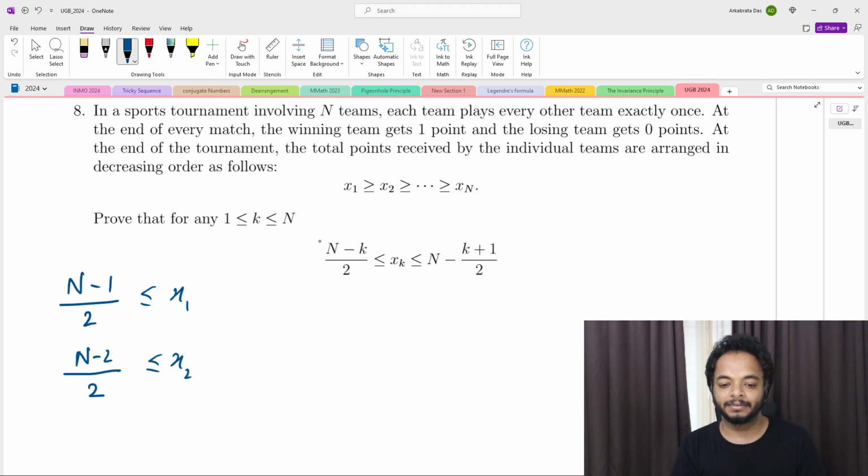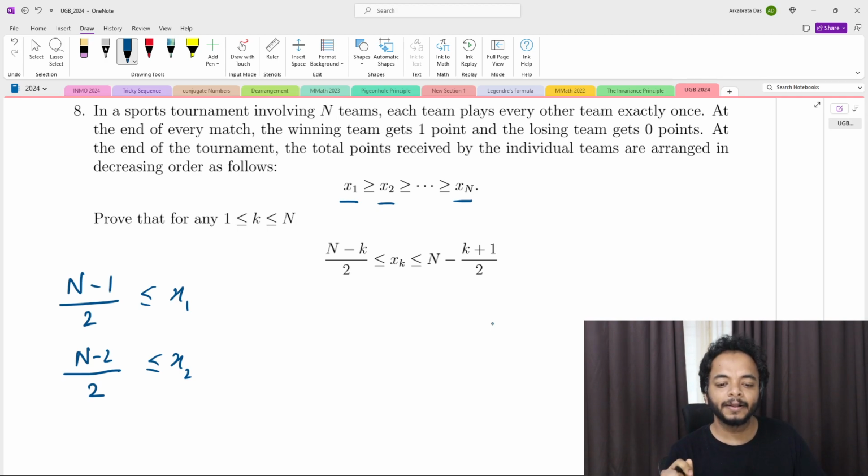In that scenario, you can think that all the teams win the same number of matches. You can simply take an example and construct such a game where every team has won the same number of matches. That's not very hard.